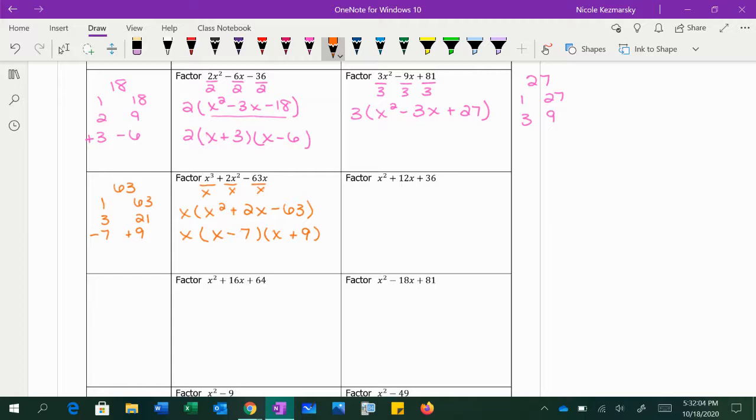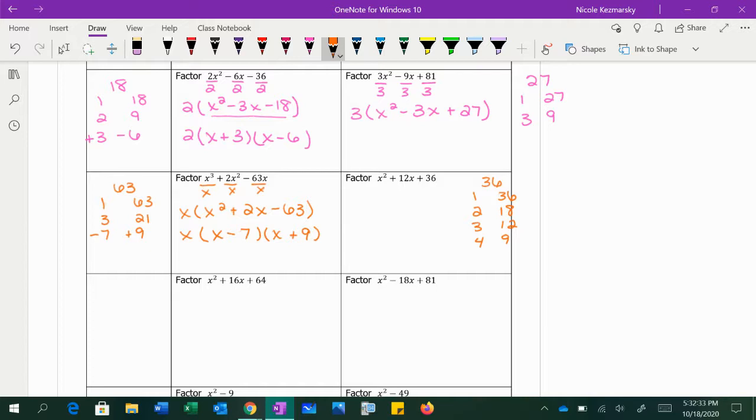For the next one, I don't see any common factors, so I'm just going to start with my factor list. So I'll do 36. 36 is 1 and 36. Let's see, 2 and 18, right? 3 and 12. 4 and 9. So I want a 12.